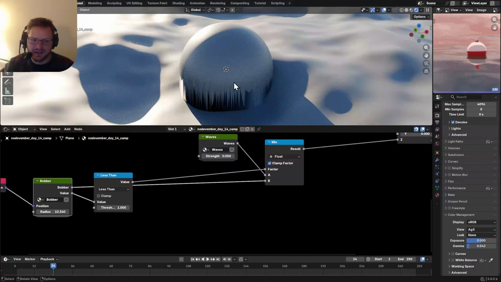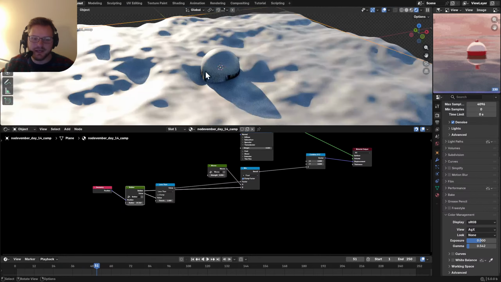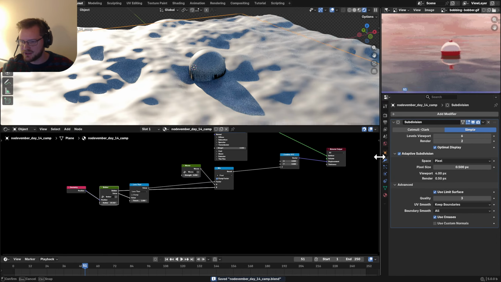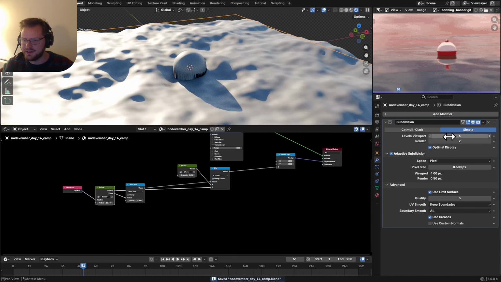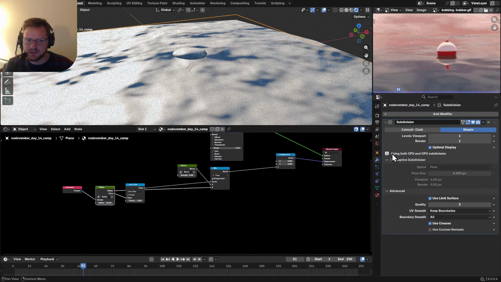Now you might be thinking, what in the frickety is going on over here? And that's a good question. What's happening is the limitation of vector displacement in this case, which is we need geometry and it's fully dependent on this subdivision surface. So I thought adaptive subdiv.